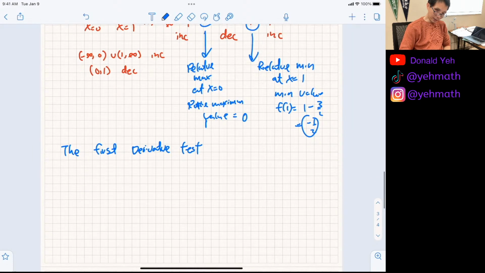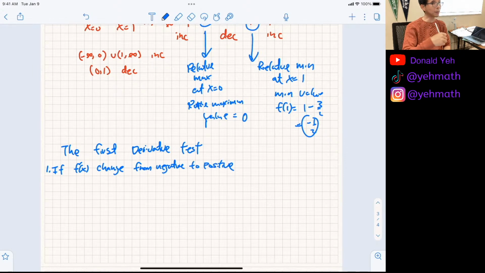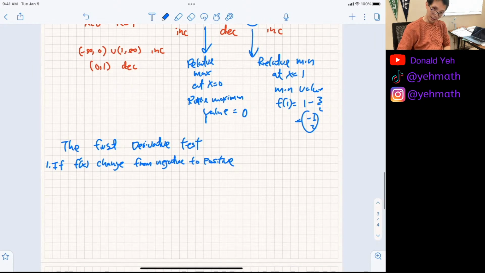So first derivative test, basically they say if f prime of x changes from negative to positive at C, then f has a relative what?